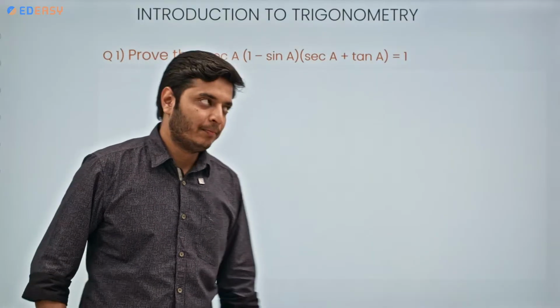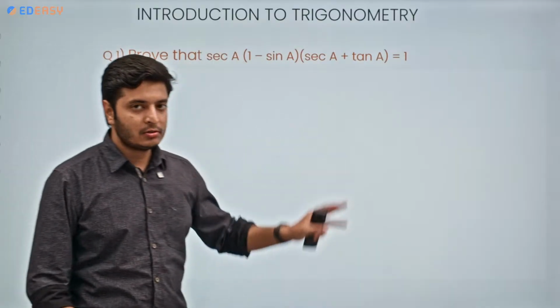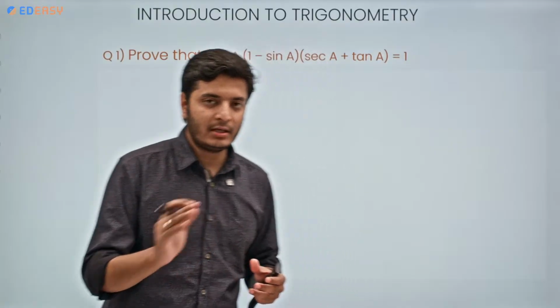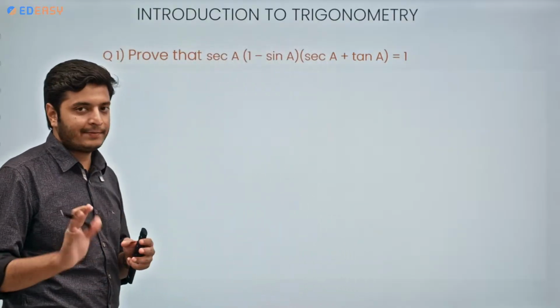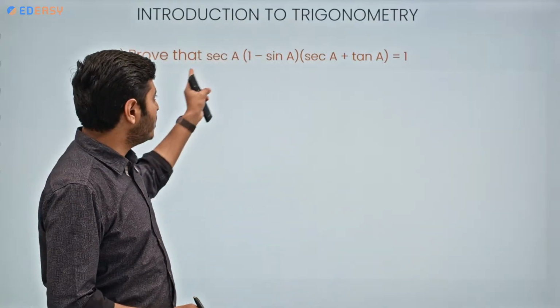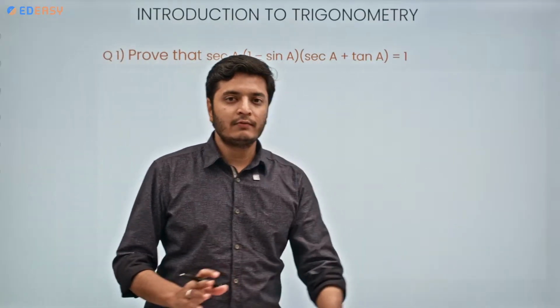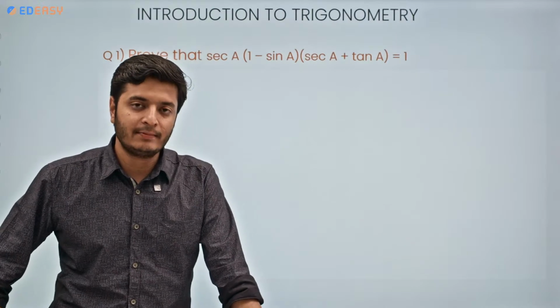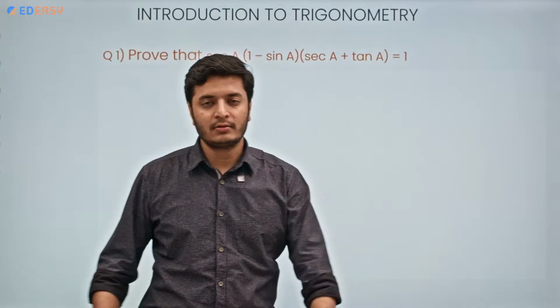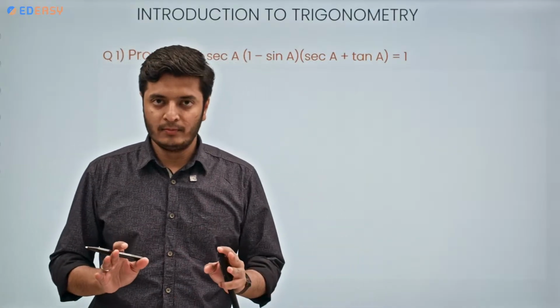Now, in this problem also, we are going to follow the same approach. First thing first, we are going to consider the left side only, because in the right side it is only one. If somehow I will be able to convert the left side to equal 1, then we can easily say that RHS equals LHS, proved, correct?